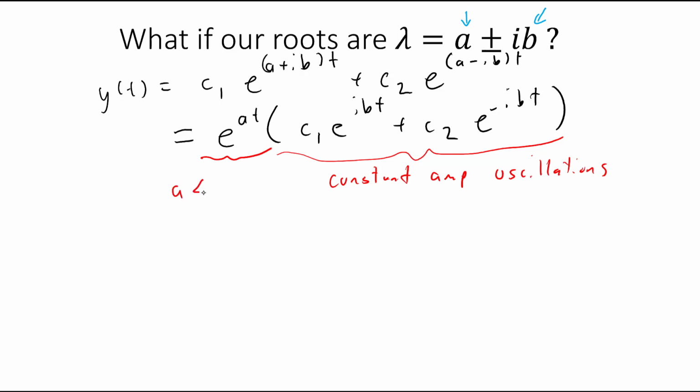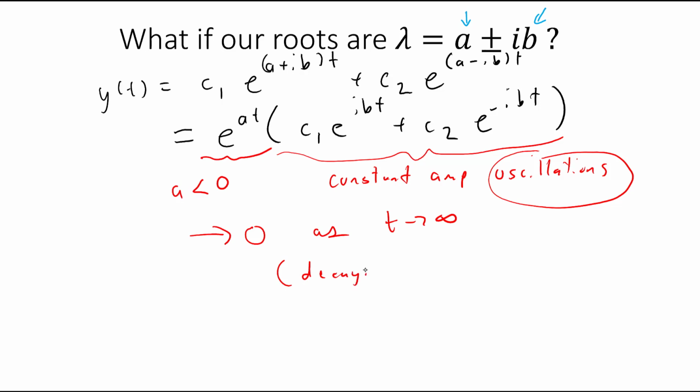Namely, if a is less than 0, like it is in physical spring mass systems, where the a is the negative of the damping coefficient divided by twice the mass, then the whole solution y of t is going to go to 0 as t goes to infinity. But because I also have these oscillations, it's going to go to 0 in an oscillating manner. And that ends up being the scenario that we actually saw in our real life experiment, and which summarizes an underdamped spring mass system.